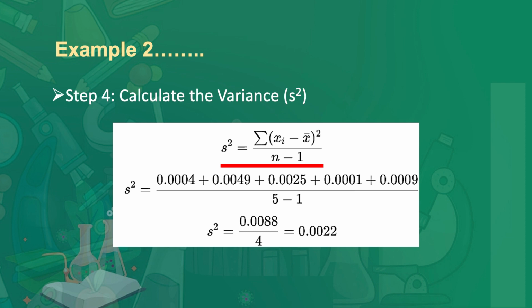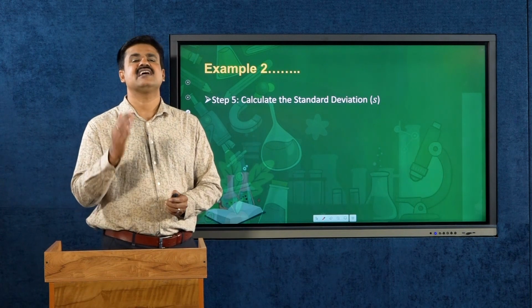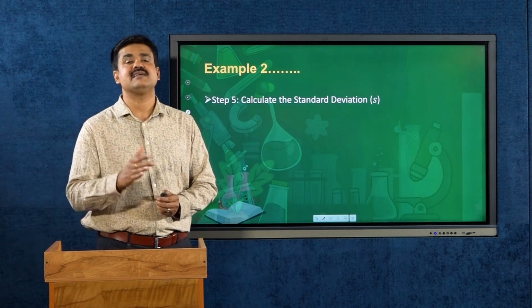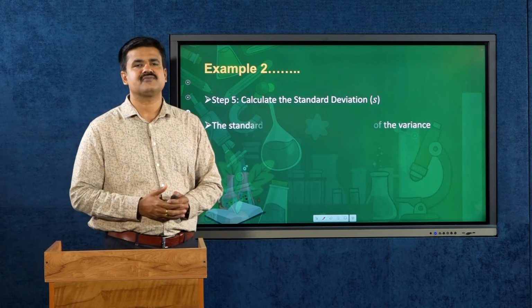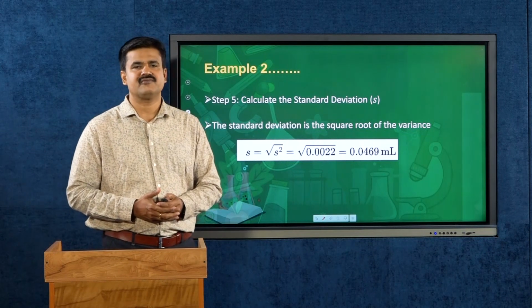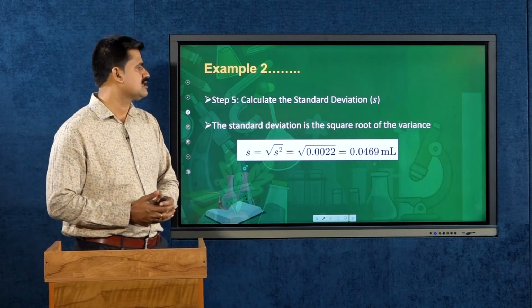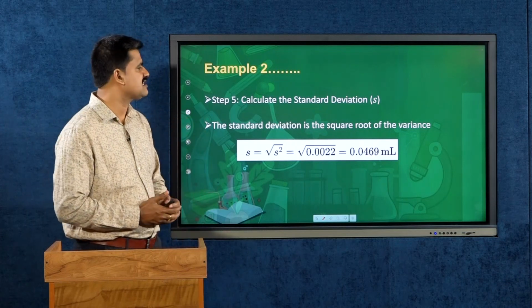This is called the sample variance, and in the present problem you will get S square as 0.0022. In the final step, you have to compute the standard deviation, which is the ultimate aim of this example. That is, standard deviation is the square root of the variance, and so S equal to square root of S square, that is square root of 0.0022, and the final value is 0.0469 ml.